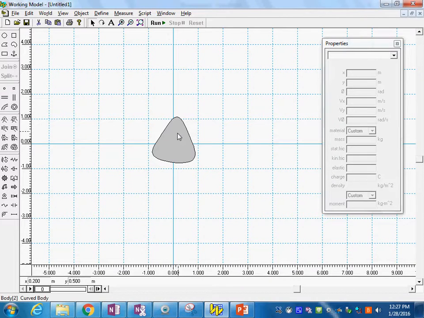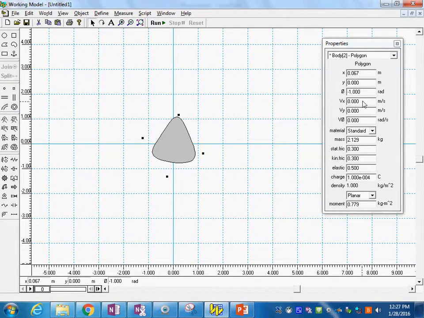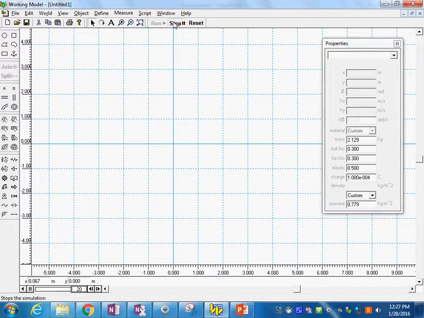So if you give in here velocity of 10, we don't have to worry about gravity anymore, but rather it will move to the right. You see? Reset, move to the right. Yeah? So we can adjust to whatever situation that we want.